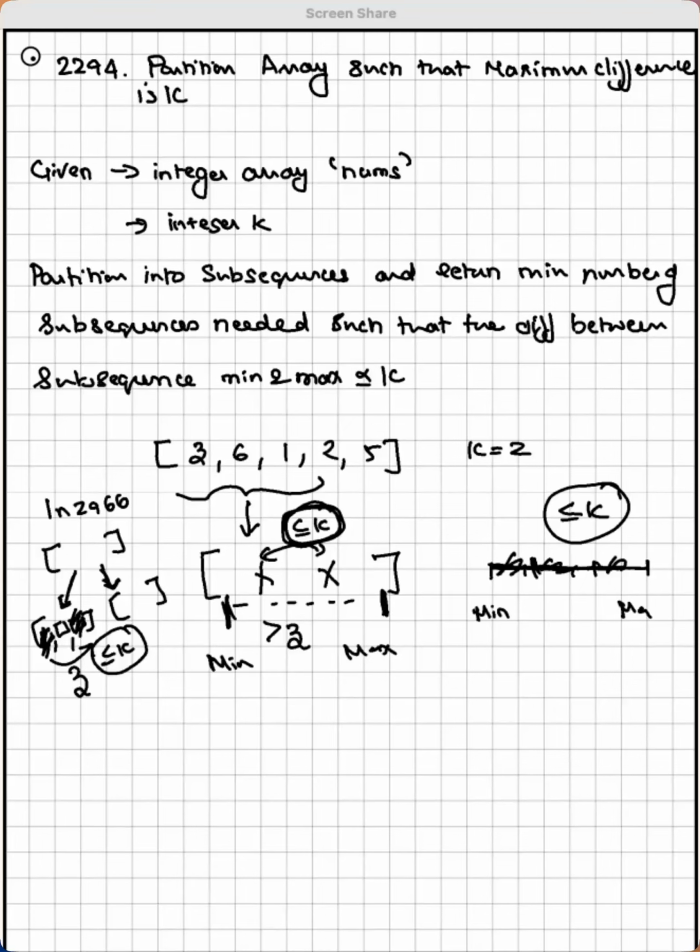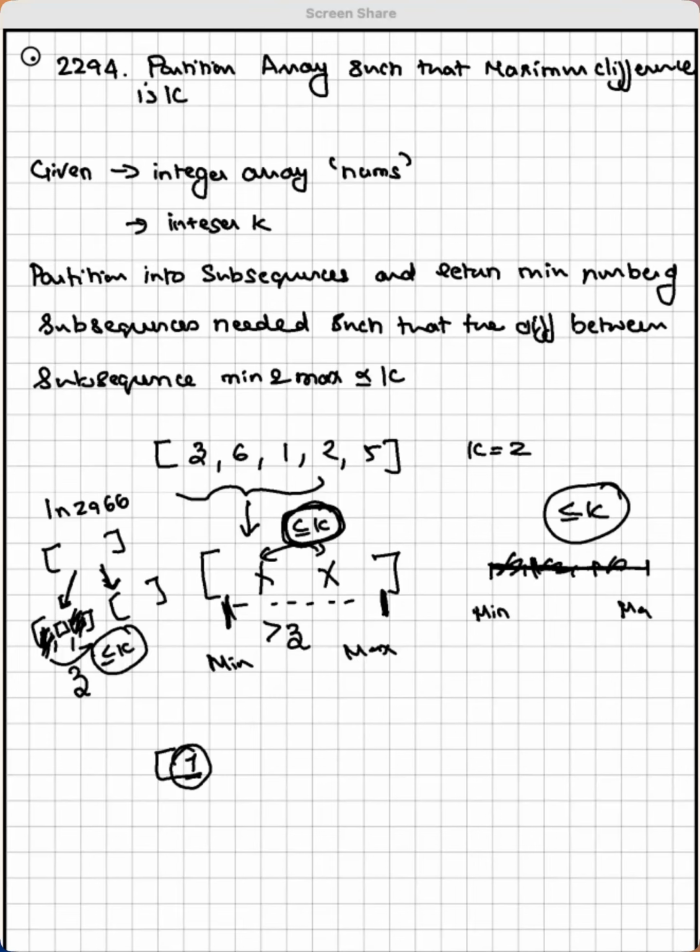Now, if we think about handling this problem as it is, with the unsorted array, then what we would do is probably find the lowest number in this array, let's say 1, and then keep scanning one by one for all the numbers that are less than or equal to k from this particular minimum.